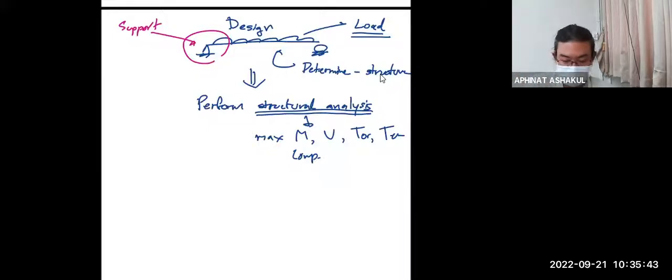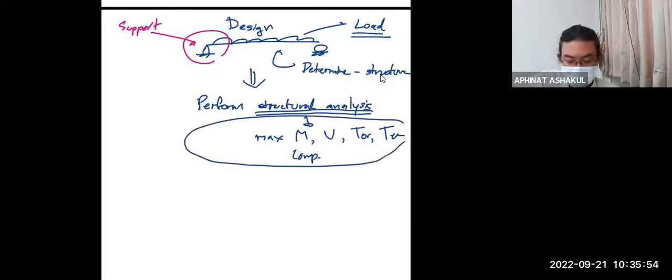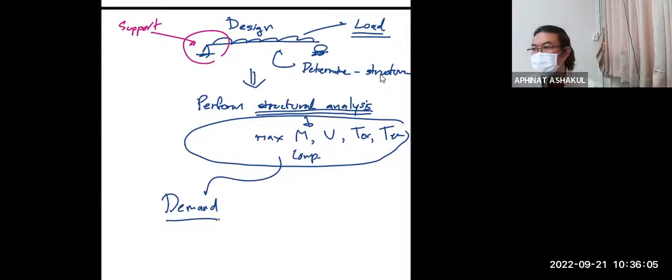And now you know this. This is on the analysis side, okay? What we have here, you can say it's the demand side of things. This is the demand. This is what your structure will meet and survive.